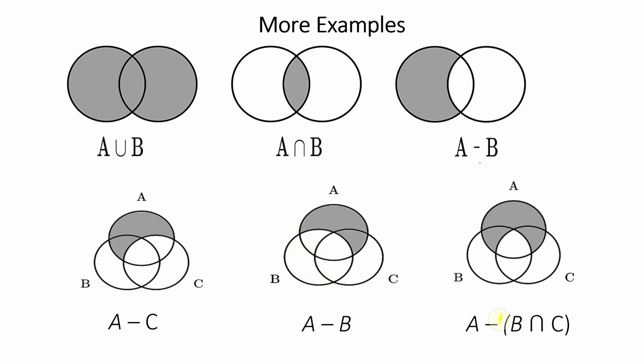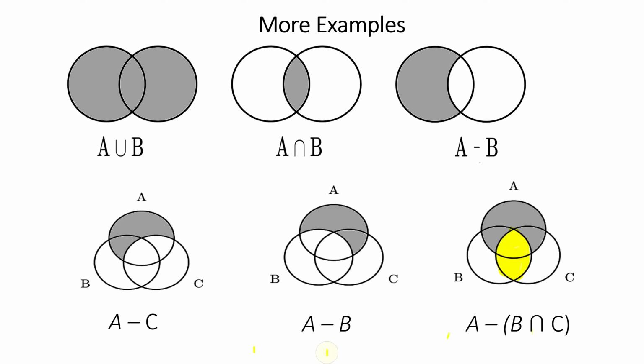How about this? Now A, and I'm going to remove from the A the intersection between B and C. So this is the intersection between B and C, that means this is what B and C have in common. This is what the intersection is. So that means these are the elements that are both in B and in C. And if I say A minus that, it means I'm going to remove from A anything that is in this yellow area.